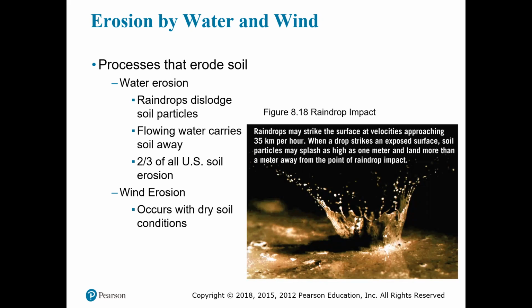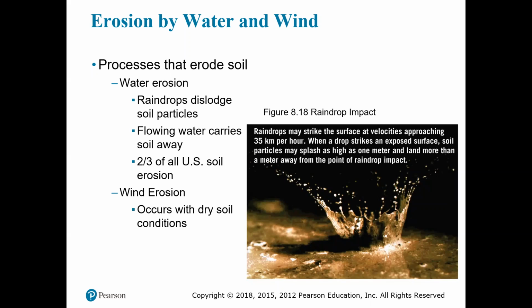And so then as water starts to flow across the surface, as it accumulates and starts to flow, it's going to carry these dislodged particles away. And this is called sheet erosion. And after that starts flowing, then currents develop, leading to rills and gullies.